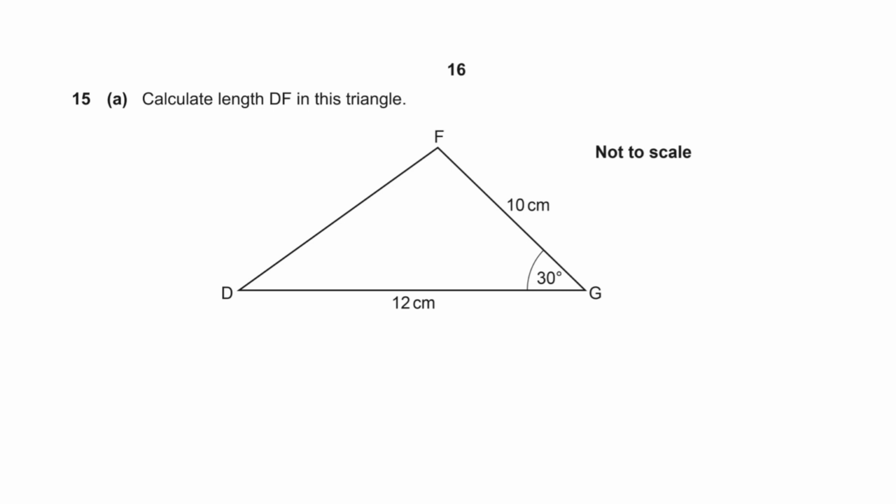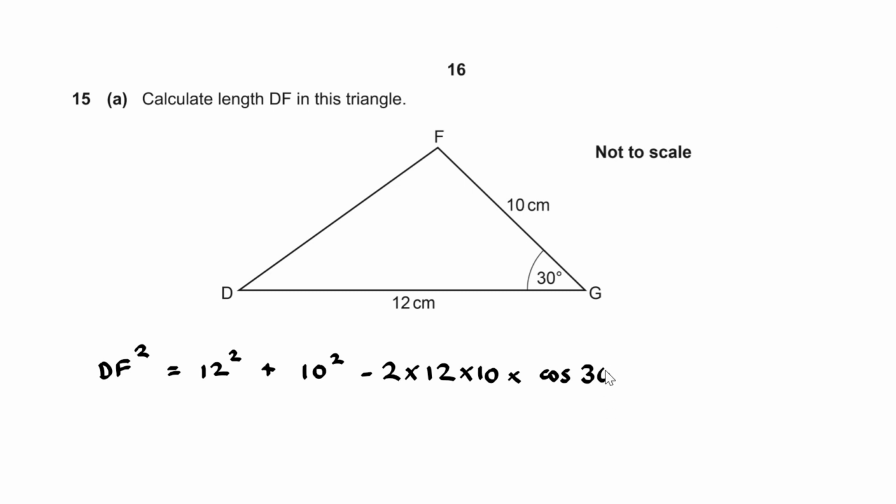Question number 15. For part A, we have to calculate the length of DF in this triangle. Well, we've got here two sides and an angle in between those. We're calculating the side opposite to the angle, and therefore we'd have to use the cosine rule. So we have DF squared equals 12 squared plus 10 squared minus 2 times by 12 times by 10 times by the cosine of 30.